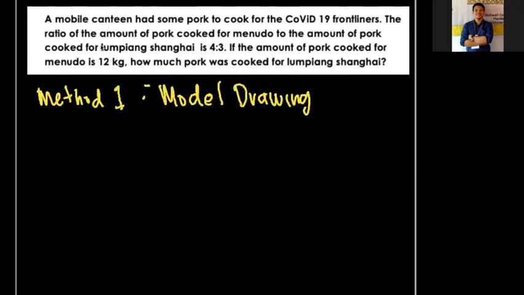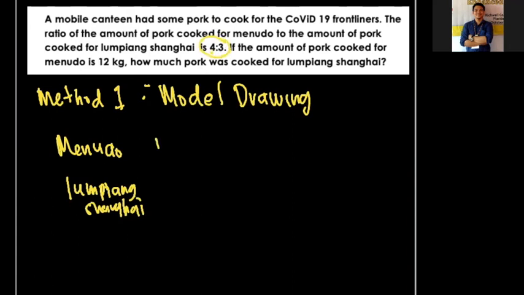Okay, so let us represent first menudo. Okay, and then lumpiang Shanghai. Based on the ratio, menudo is 4 and the lumpia is 3. So we can use a model here to represent menudo.